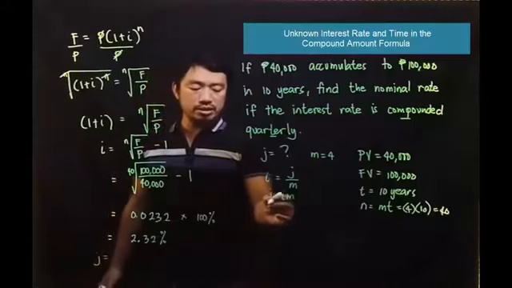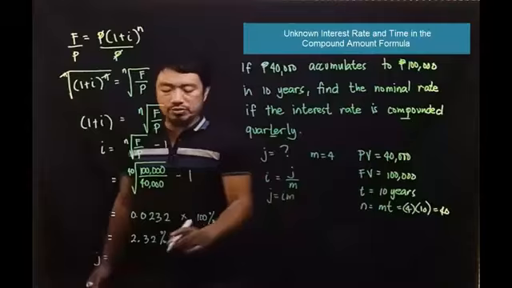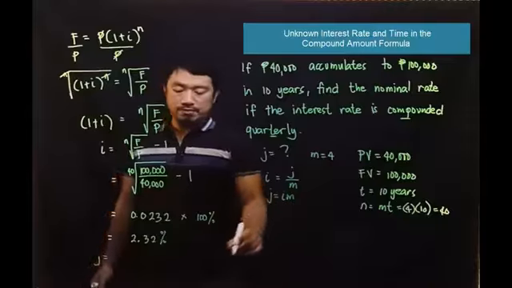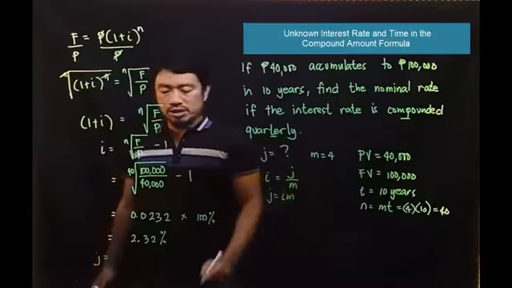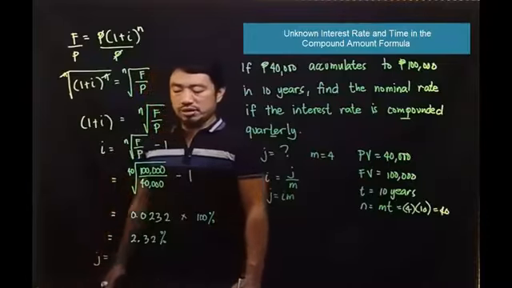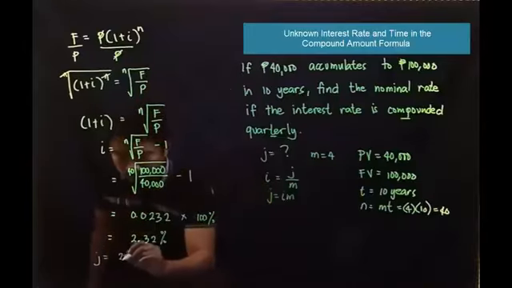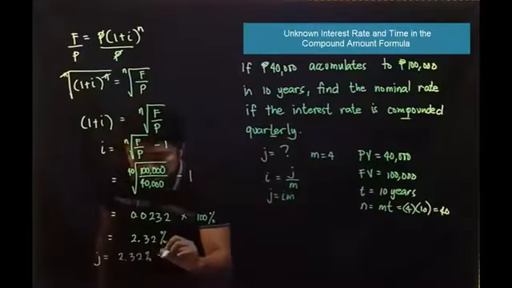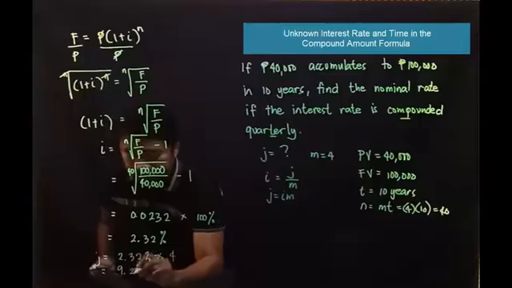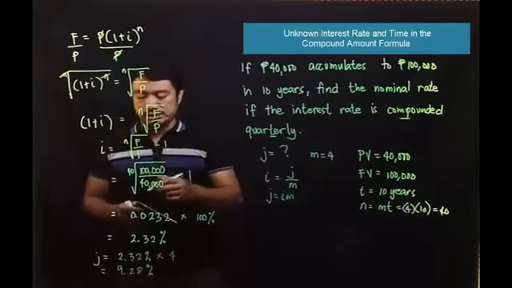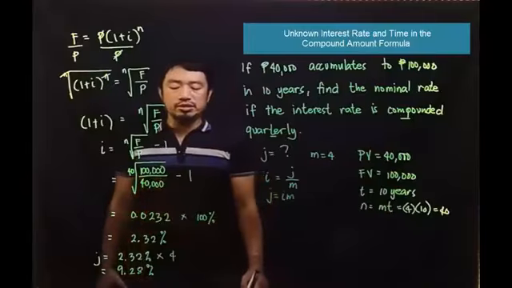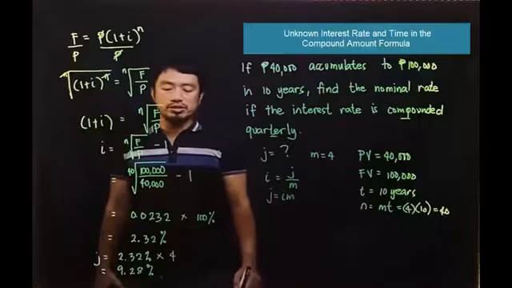And finally, the nominal rate is J is equal to I times M. Therefore, we're going to multiply M, or for this case, M is equal to 4 as indicated in the problem, since it is compounded quarterly, to determine the value of J. So that's 2.32% times 4, which is equal to 9.28%.